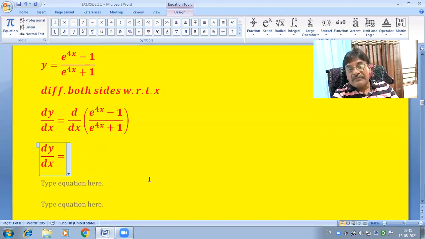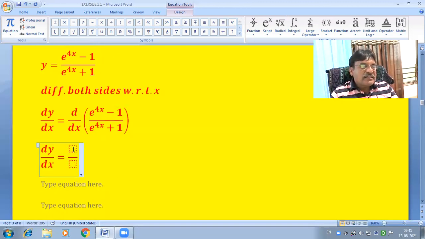d/dx of u by v is (v into du by dx minus u into dv by dx) upon v square, or denominator into derivative of numerator minus numerator into derivative of denominator upon denominator square. So first we write the denominator, e to the power 4x plus 1.